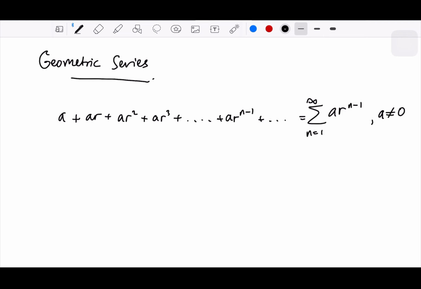So the terms all have a common ratio R. So you multiply by R, by R, by R. Okay.